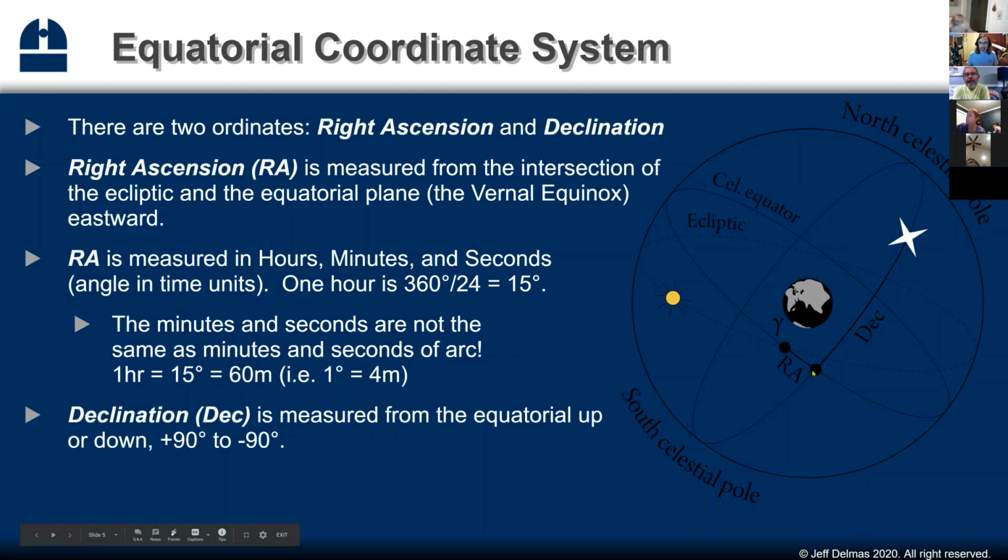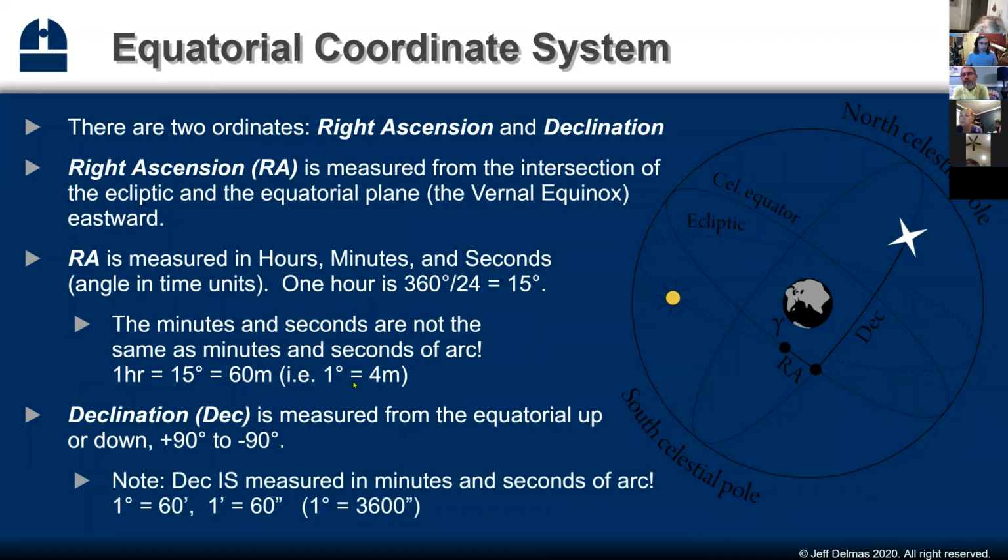Right ascension is this dimension, kind of equivalent to your longitude, really. And then declination is equivalent to your latitude, is the up and down motion. And its name makes a little more sense, how much of a decline or ascent you have.